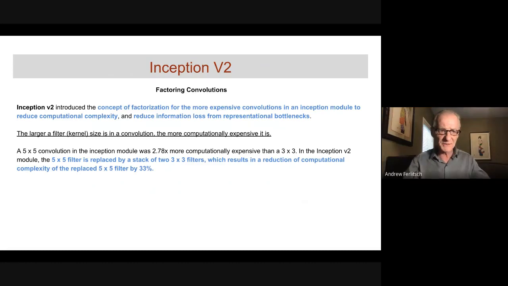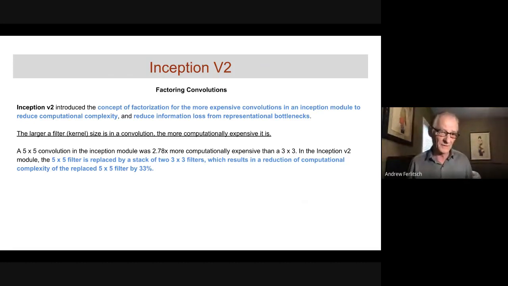So Inception V2 introduced the concept of factorization of more expensive convolutions in the Inception module into less expensive ones to reduce computational complexity. And again, the concept of representational equivalence, that is, reduce information loss from what they called representational bottlenecks, yet retain the same representational power.